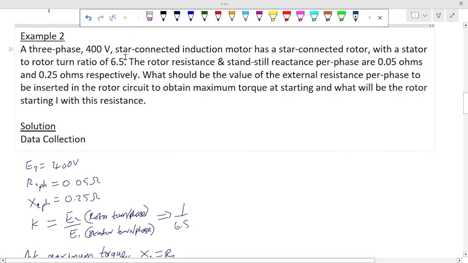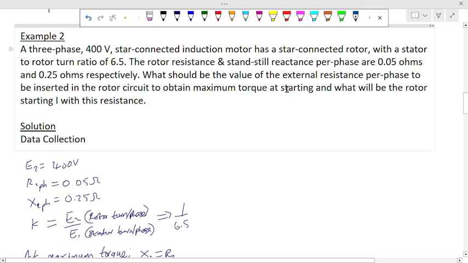three-phase 400 volt star connected induction motor has a star connected rotor with a stator to rotor turn ratio of 6.5. The rotor resistance and standstill reactance per phase are 0.05 ohms and 0.25 ohms respectively.